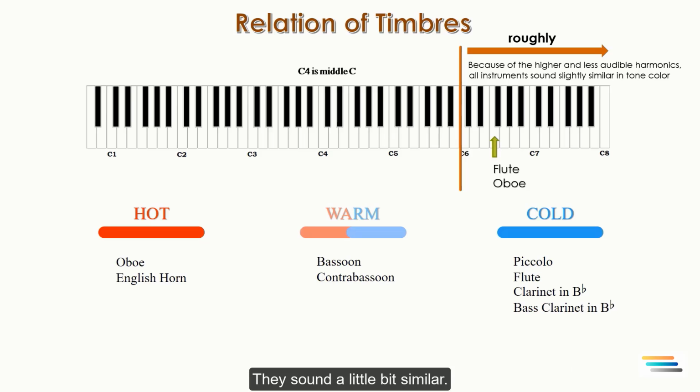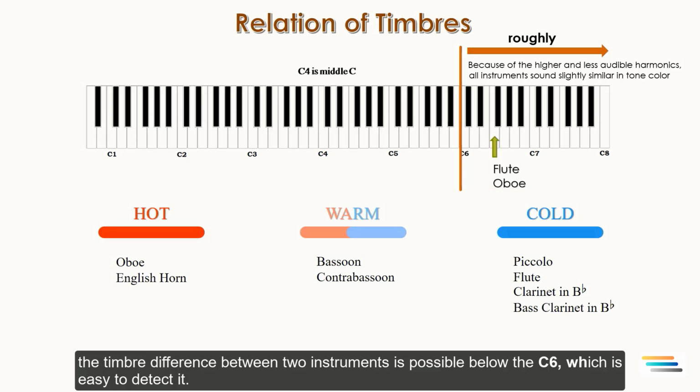They sound a little bit similar. Conclusion. The timbre's difference between two instruments is possible below the C6, which is easy to detect.